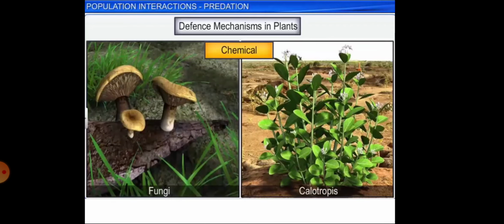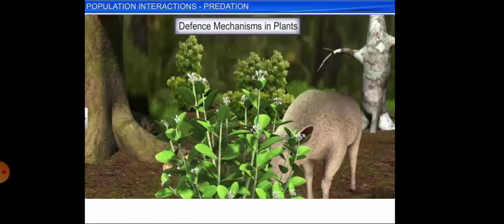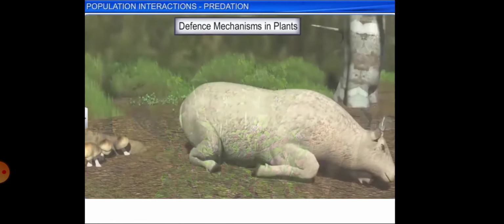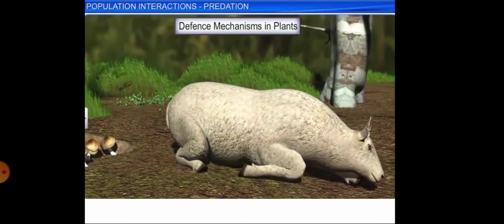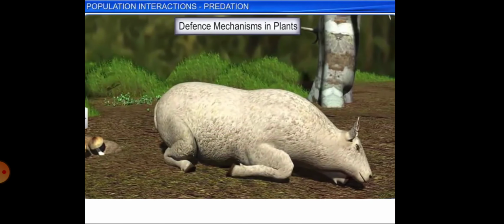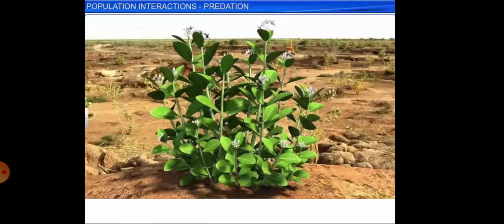These chemicals make the herbivore sick, inhibiting its digestion, impacting its reproduction, and sometimes may even kill the predator. In fact, the calotropis plant produces a highly poisonous cardiac glycoside, which is why animals don't consume this plant.